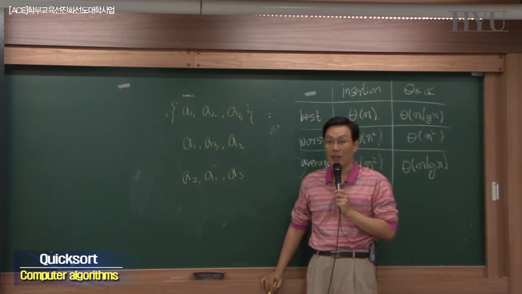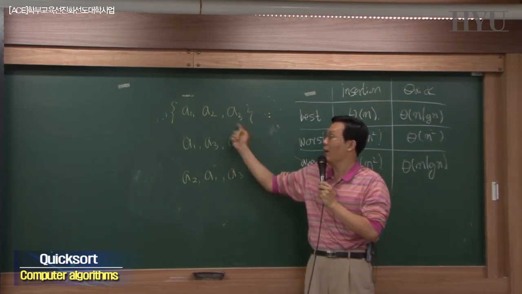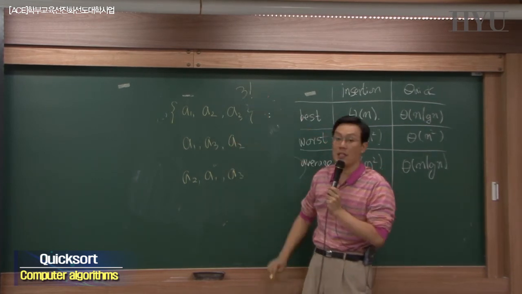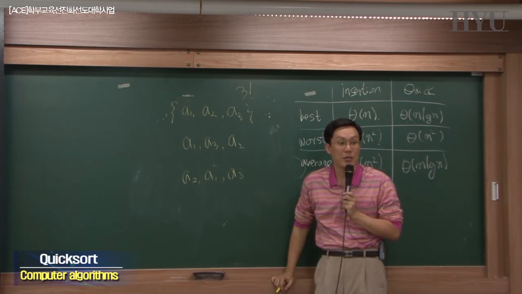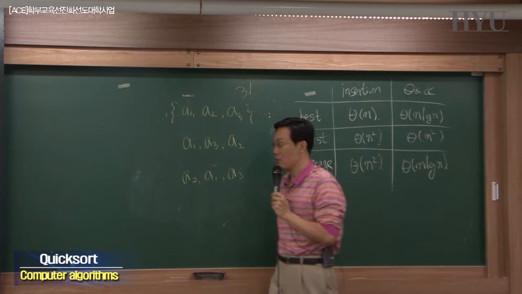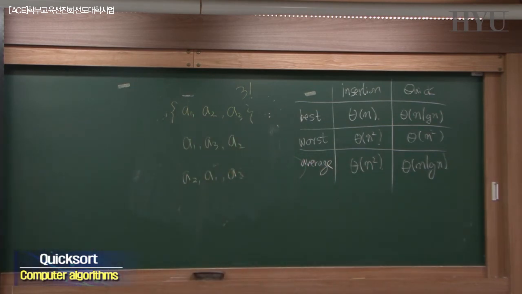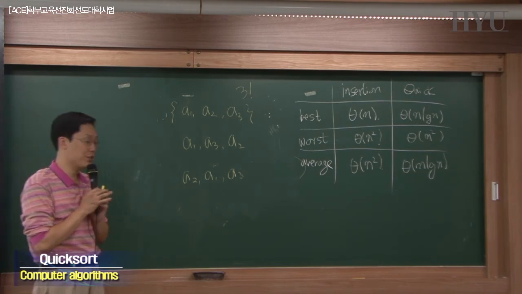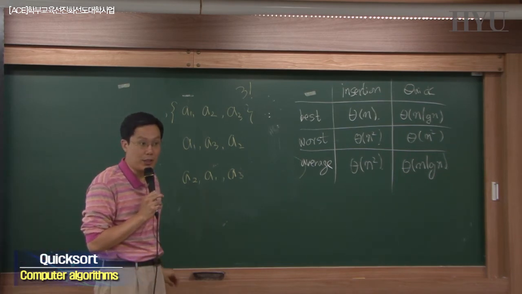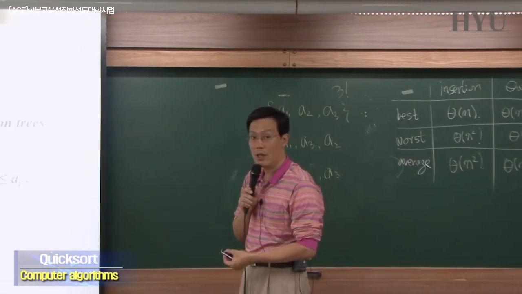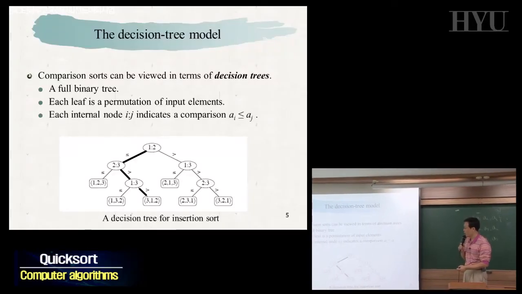And you know there are this number of permutations. So, in the leaves, all such permutations are enumerated: 1, 2, 3, 1, 3, 2, and 2, 1, 3, 2, 3, 1, 3, 1, 2, 3, 2, 1. Note that these values are indexes.